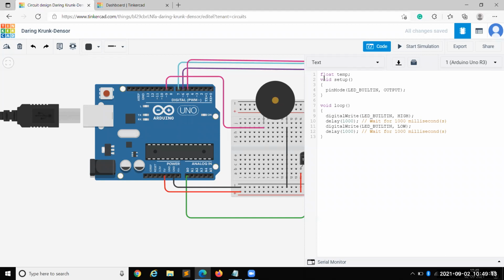Temperature can be a decimal, like 37.5 degrees Celsius or 40.1 or 20.1 degrees Celsius. With int, you cannot get the decimal value. You have to use float. That's why we are using float here.